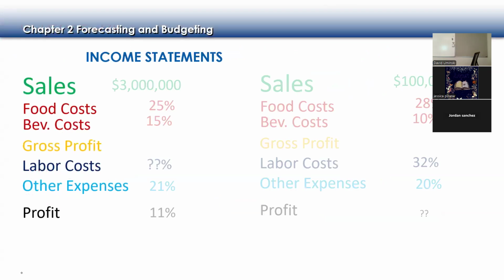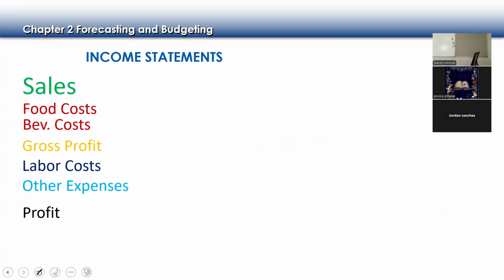Then we have our income statements. This is also known as a profit and loss statement, a P&L for short. A lot of times you'll hear people talk about a P&L statement. This P&L statement is basically a snapshot. We have food costs.